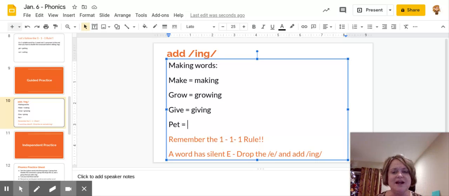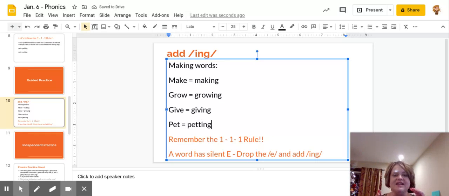Yes. Is there one consonant? Yes. And just to double check, is it a short vowel sound? Yes, it is the short e sound and not the long E sound. So we're going to double the last letter, petting. We're going to double that letter.